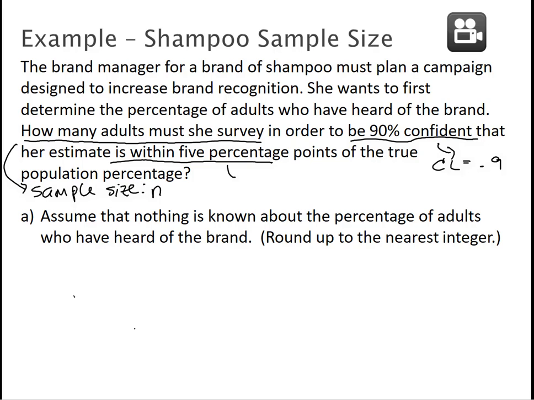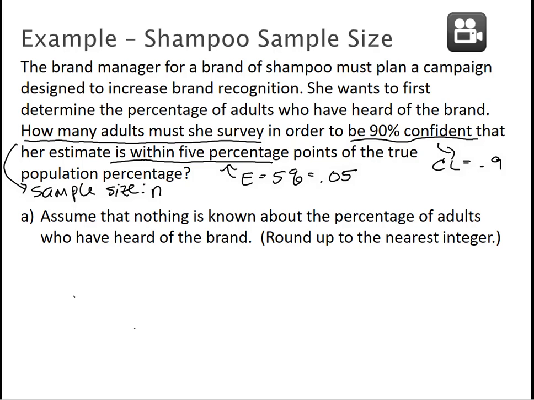So my problem has given me E, and it says that is 5 percentage points. I'm going to convert that to a decimal as 0.05. Part A wants us to assume that nothing is known about the current percentage of adults who have heard of the brand.